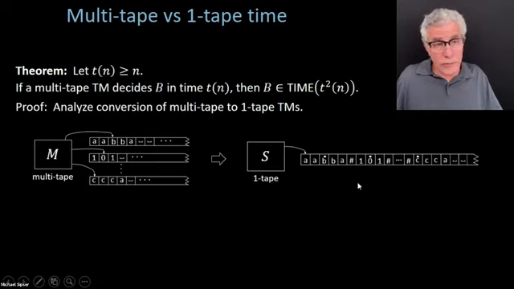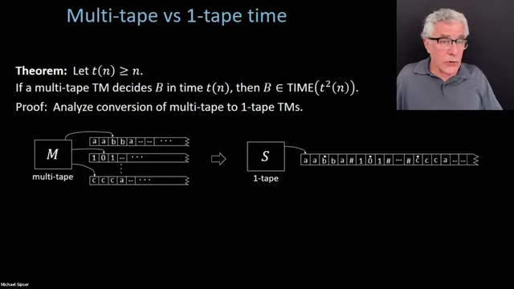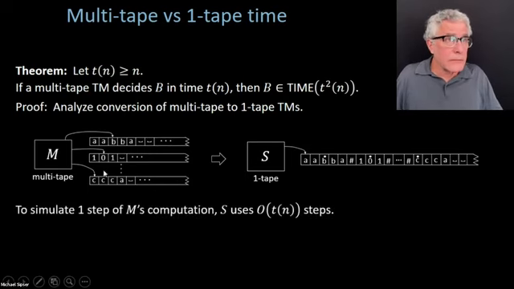The way we're going to prove that is simply by going back and remembering the conversion that we already presented from multi-tape to one-tape, and observing that if we analyze that conversion, it just ends up squaring the amount of time that the multi-tape machine used. So why is that? Let's make sure we're all together on this. The way the single-tape machine S simulates the multi-tape Turing machine M is that it takes the contents of each of M's tapes, up to the place where there are infinitely many blanks.